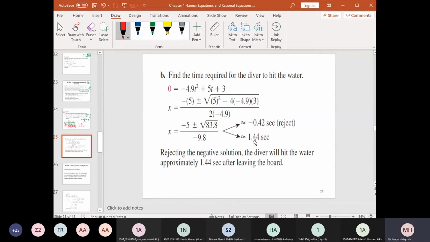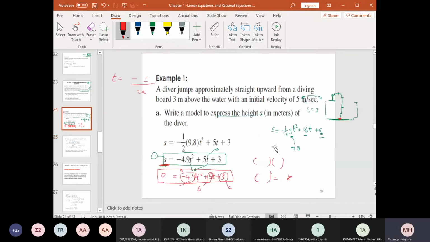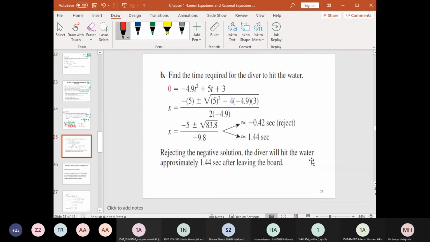Is it clear? It gives only one time. By the way, the negative one, if I imagine that he started here, would be before that, but anyway it's not the solution. This is the solution. Okay? Clear?